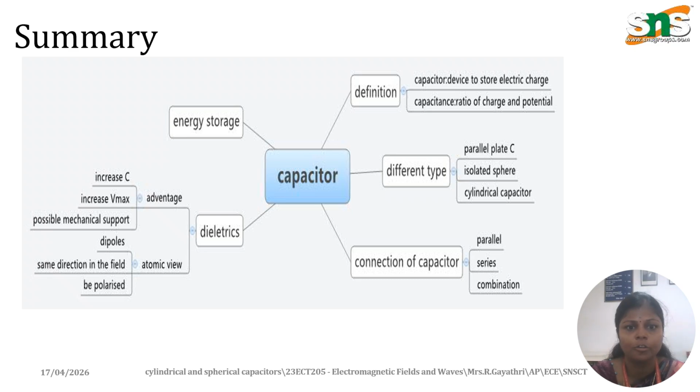The summary of this capacitance effect is that the capacitance, by definition, is energy storage, and the types of the capacitance are parallel plate capacitance, isolated, and cylindrical and spherical capacitance.